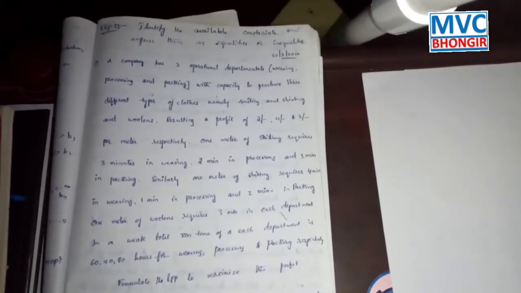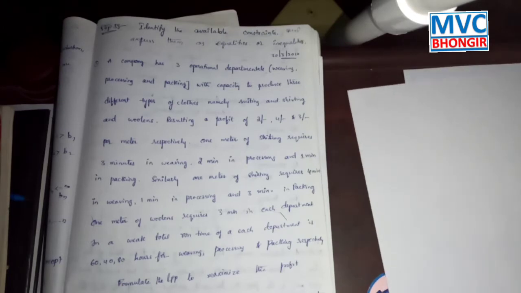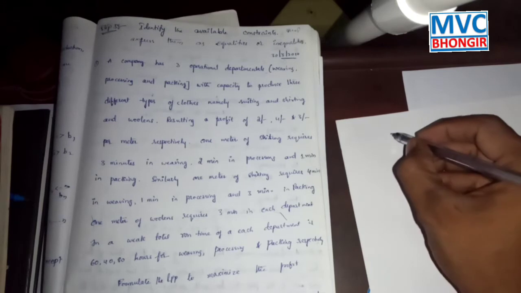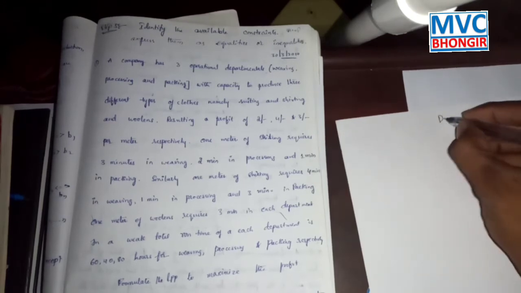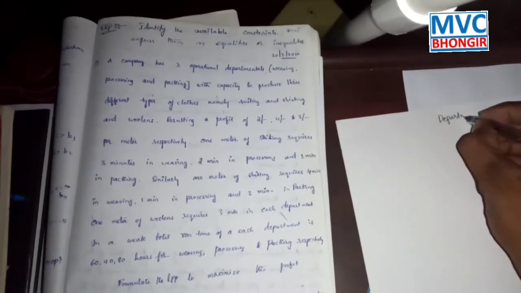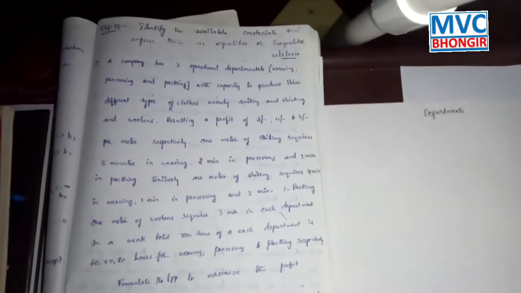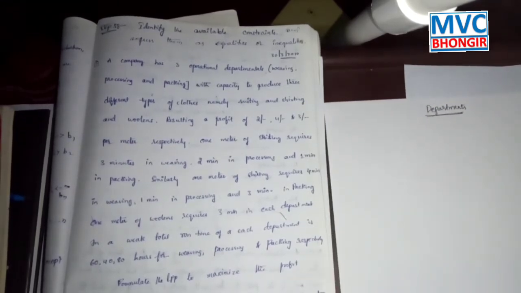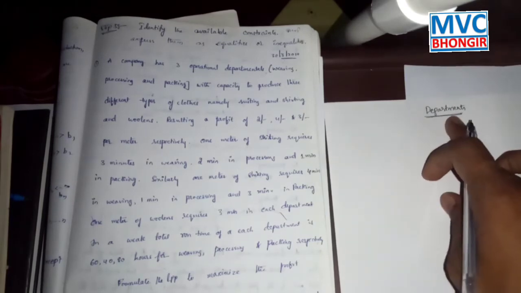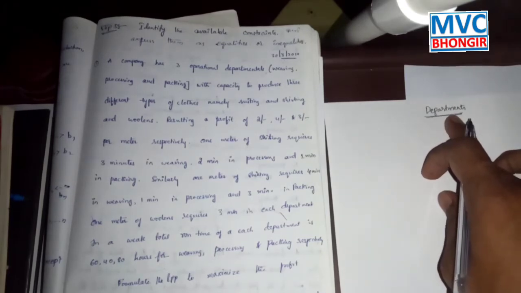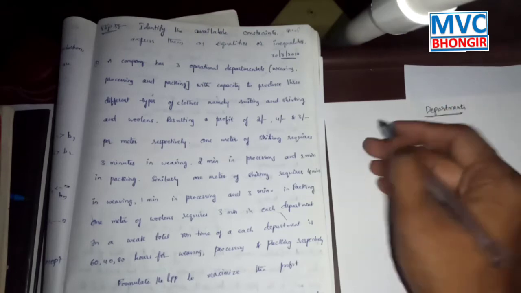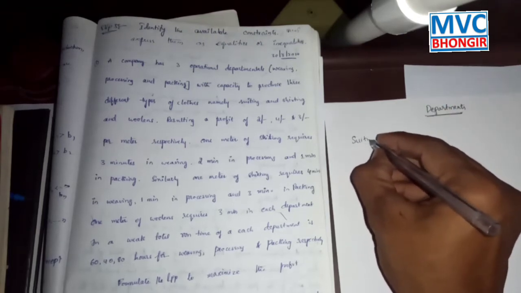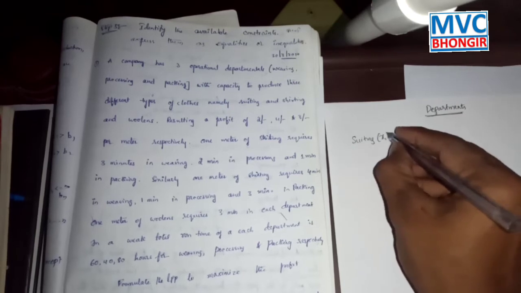Okay, this is your problem. To solve this one, it has been given that it consists of 3 departments, and 3 types of products are produced. One is suiting, let it be X1.